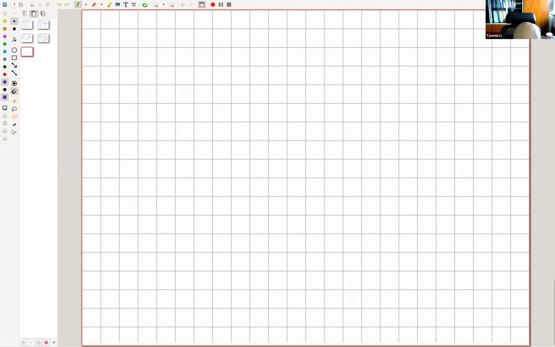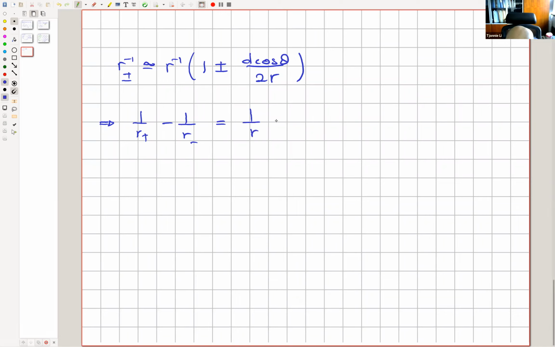So indeed, let me repeat this. If 1 over r can be expressed as r to the minus 1 times 1 plus minus d cosine theta over 2r, then what would be 1 over r plus minus 1 over r minus? Well, I can indeed do this now. This 1 over r remains a factor over here.